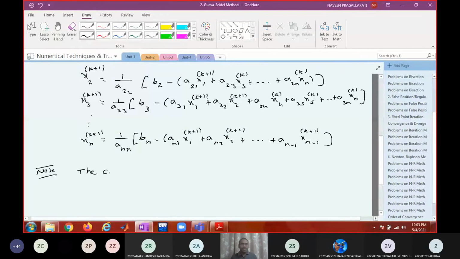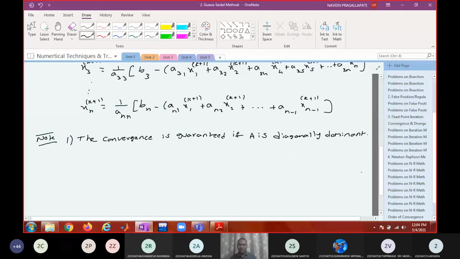The convergence is guaranteed if A is diagonally dominant. If it is not diagonally dominant, it may or may not converge.